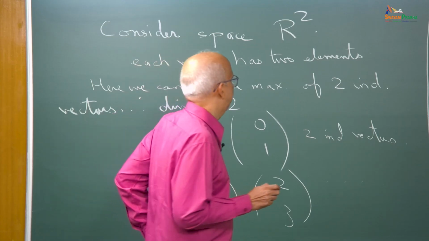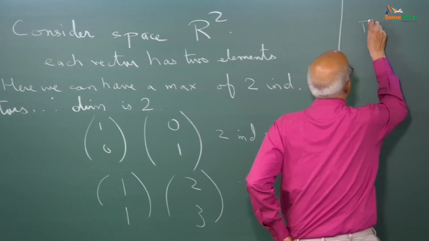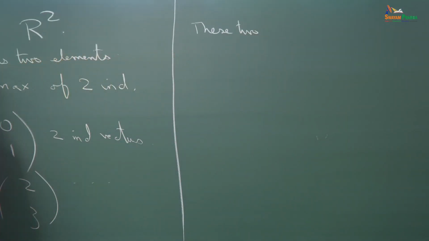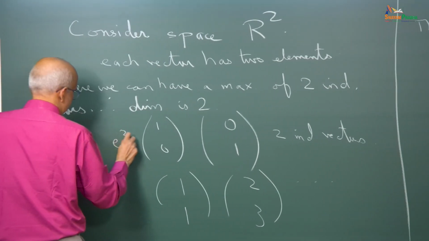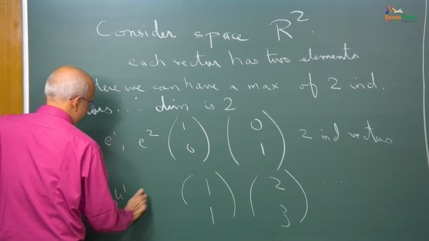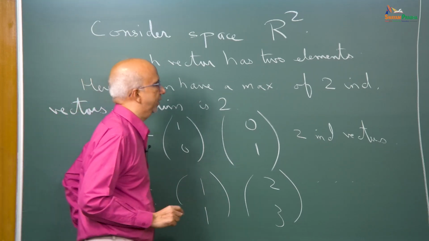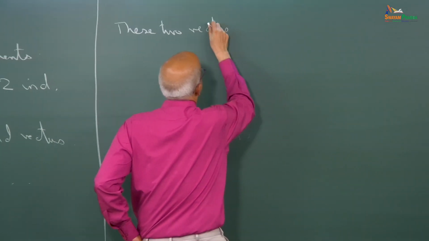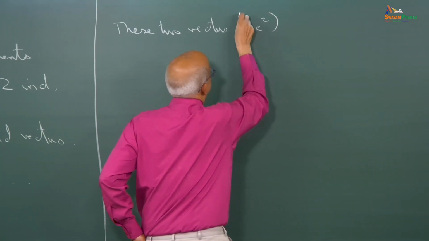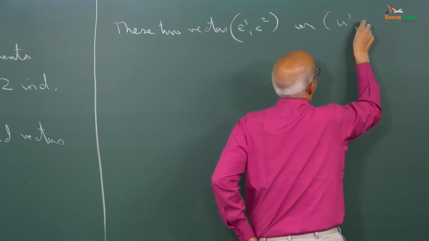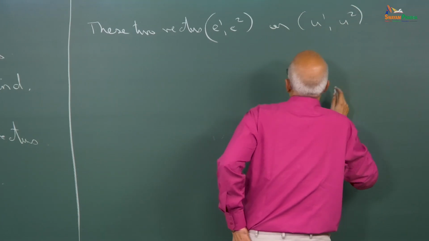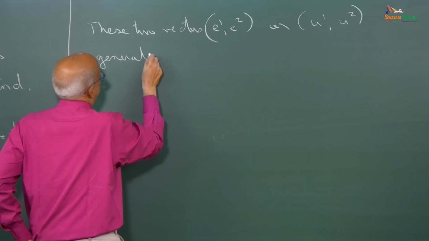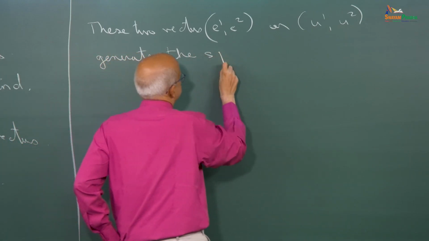It means these two vectors, let us call them e1, e2, and the other pair u1, u2, generate the space R2.